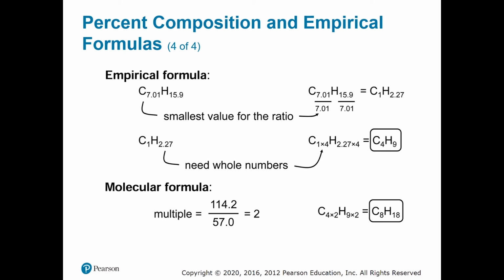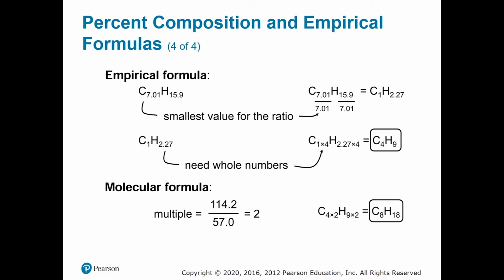We're going to take two molar amounts and construct a gross-looking chemical formula, C7.01H15.9. Now, we're going to find the subscript in the formula at this stage that's smaller than all the others. In this case, that's carbon's 7.01, and we're going to divide every subscript by that number. So 7.01 over 7.01 gives us 1, and 15.9 over 7.01 gives us 2.27.